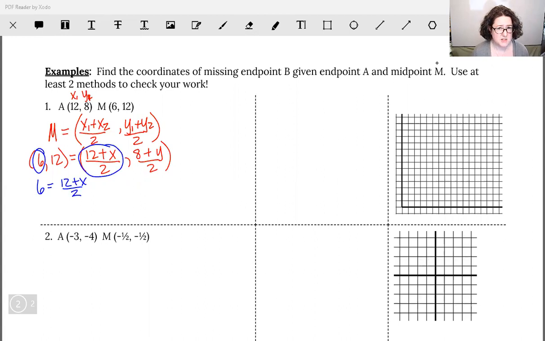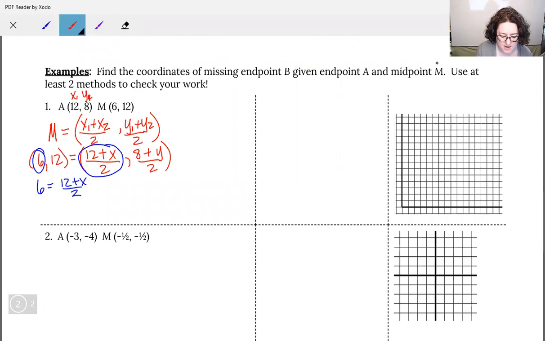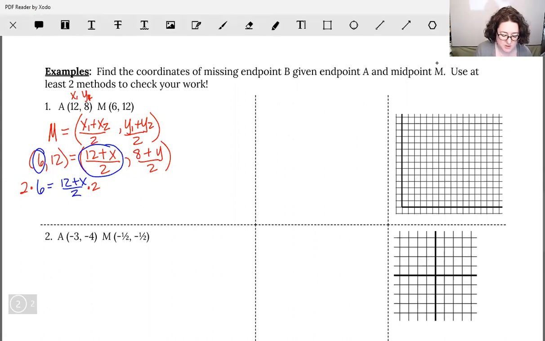But think about how I just said that. The right-hand side of the equation, I'm dividing by 2. What's the opposite of divide by 2? The opposite is to multiply by 2. So I'm going to multiply both sides by 2, and that is going to clear out my equation on the right-hand side and leave it as just 12 plus x.